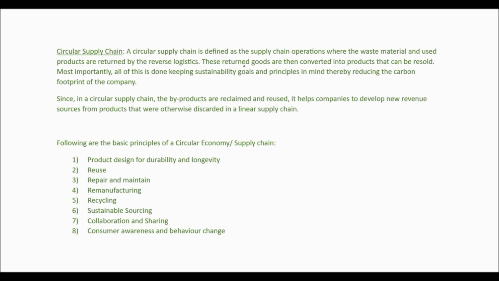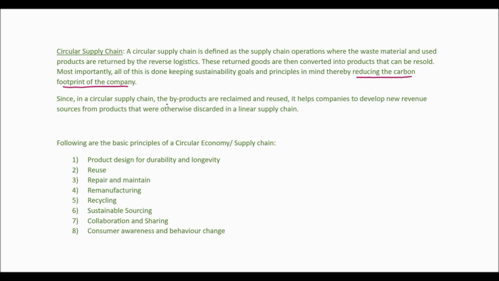So as we saw in the previous diagram, the returned goods are again used to produce the final product which can be resold. Most importantly, all of this is done keeping sustainability goals and principles in mind, thereby reducing the carbon footprint of the company.